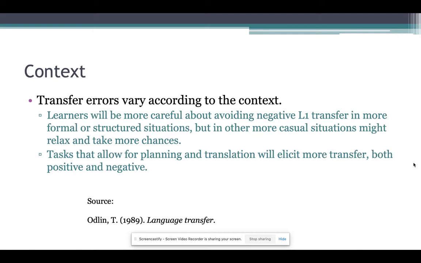Interestingly, tasks that allow time for planning will elicit more transfer because the learner will have more time to use translator aids such as bilingual dictionaries, websites, and apps. Again, transfer can be both positive or negative, largely depending on our point of view.